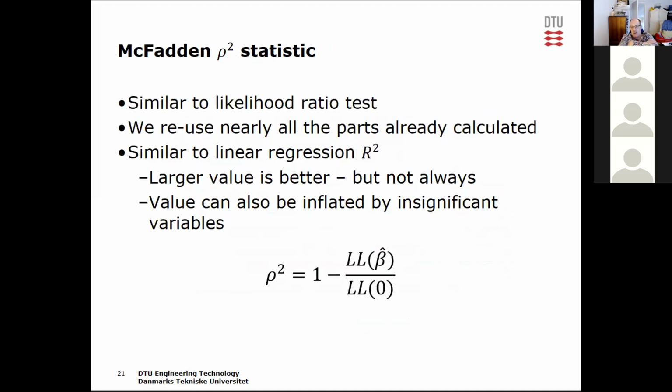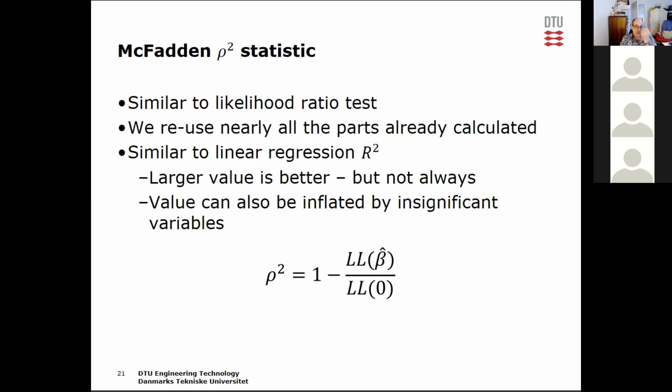The next thing we want to look at is this McFadden rho squared statistic. Again, it's the same kind of math as the likelihood ratio, so you're going to reuse some of the stuff you just calculated. It's really quick and easy to do. It's very similar to the R squared in linear regression.